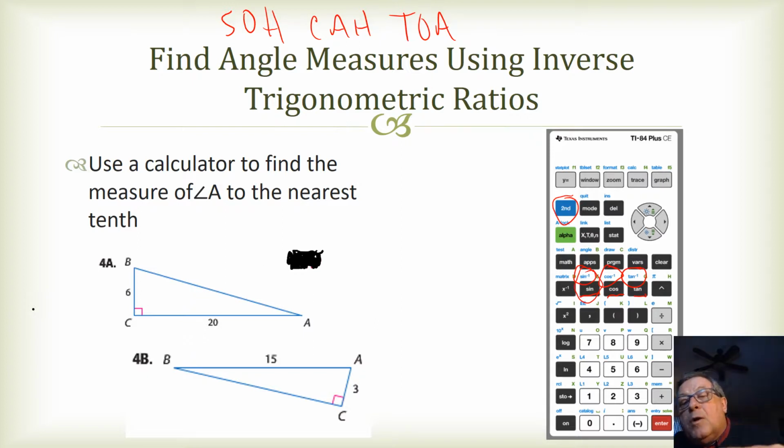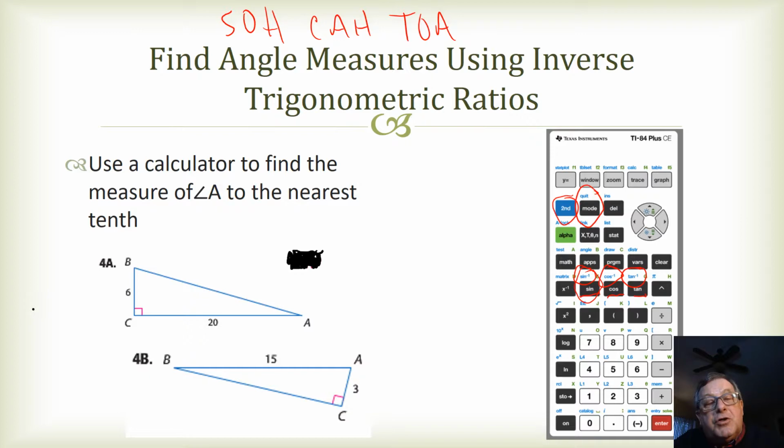First, though, I want to go into mode and make sure whether I'm in radian or degree mode, depending on what I'm trying to calculate. For what we're doing here, we're going to be finding angle measures in degrees. So that's our keystrokes on the calculator, and we'll bring up a calculator and actually do it once we put our equations together.